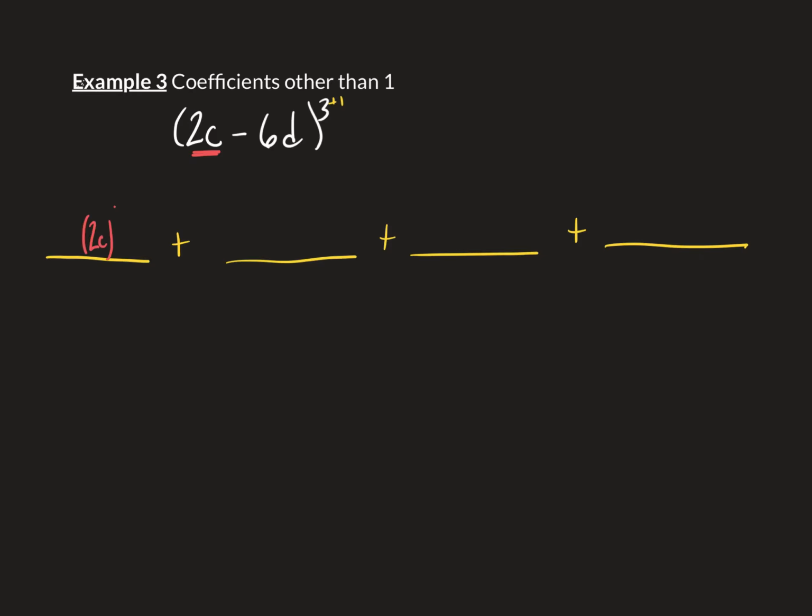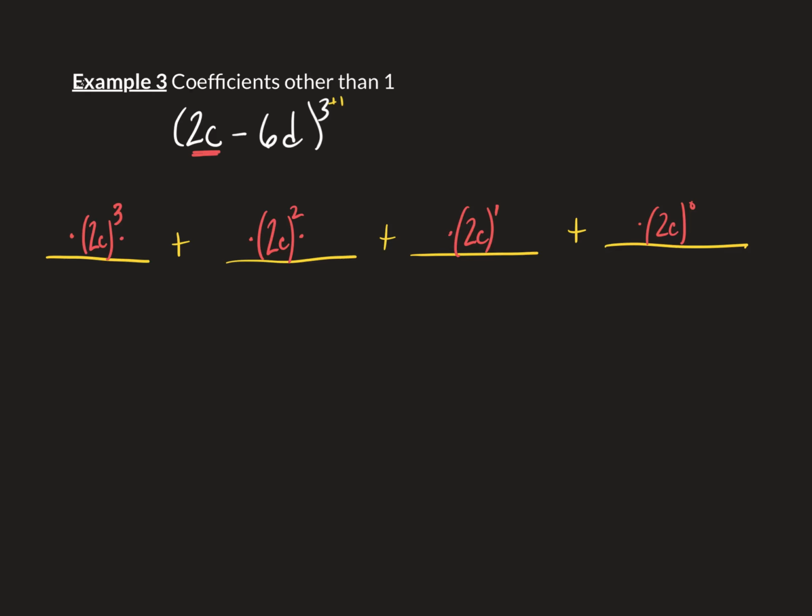Now, the next thing I'm going to do is start with 2c. 2c to the 3rd power. Then I'm going to have 2c to the 2nd power. Then 2c to the 1st power, and 2c to the 0 power. Then next I'm going to have negative 6d.